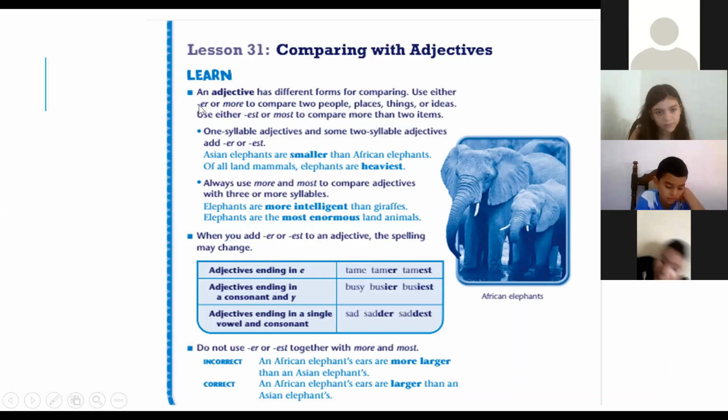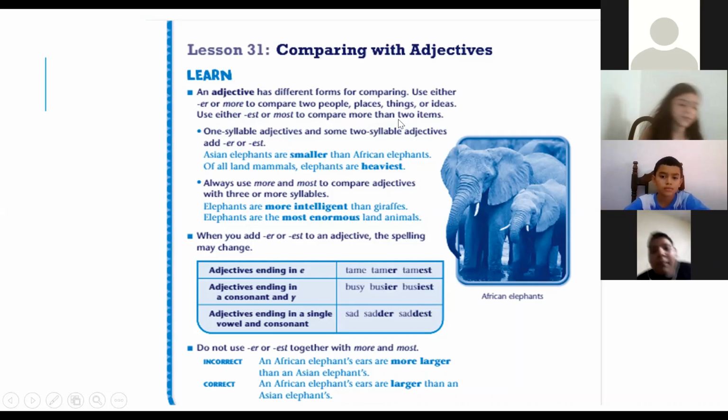When you're comparing only two, you use ER or more. Use either EST or most to compare more than two items. When you are comparing, for example, your dog with 10 other dogs, you're going to use EST or most.